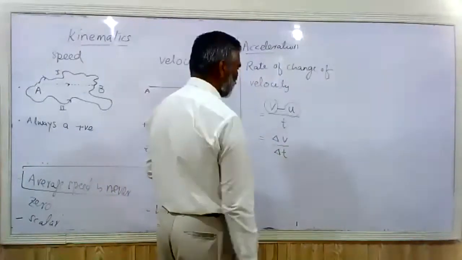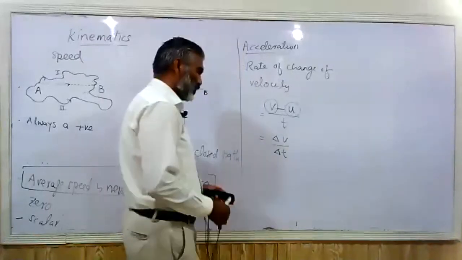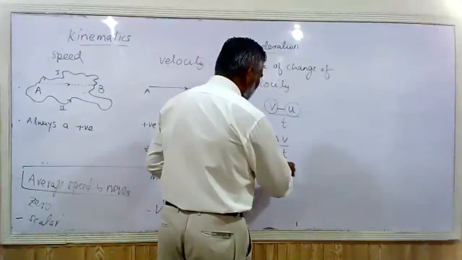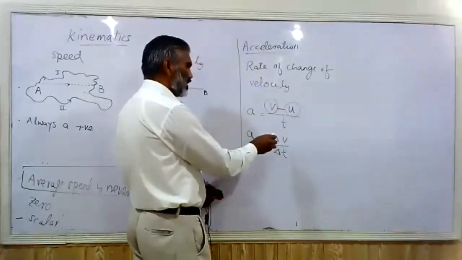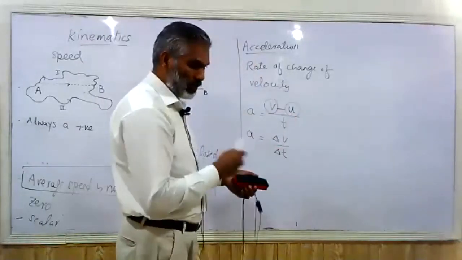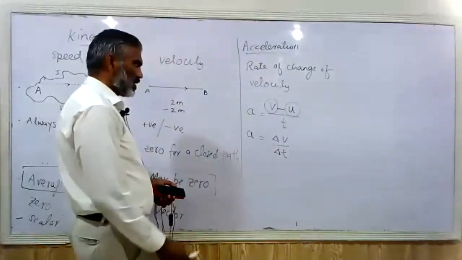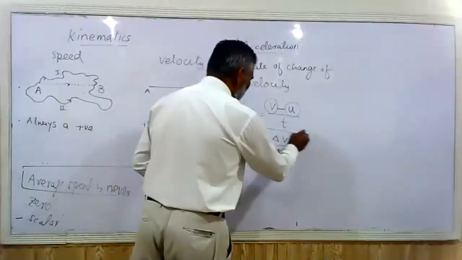So delta is the symbol used to show any change in a quantity. This quantity, known as acceleration, is usually denoted by small a. That means small a is related to initial and final velocity and the time taken during which this change has taken place through this equation.